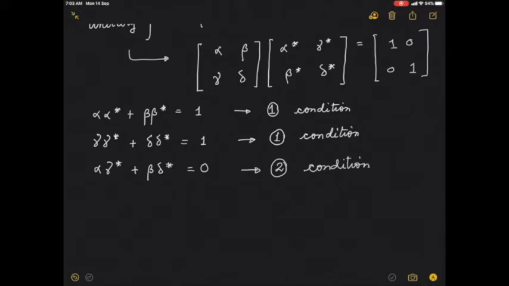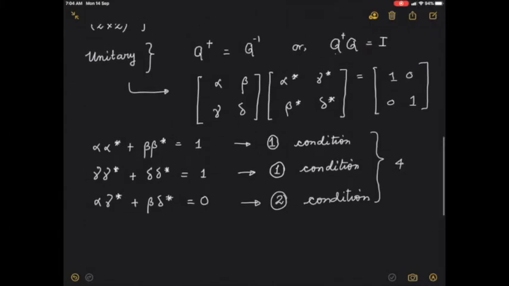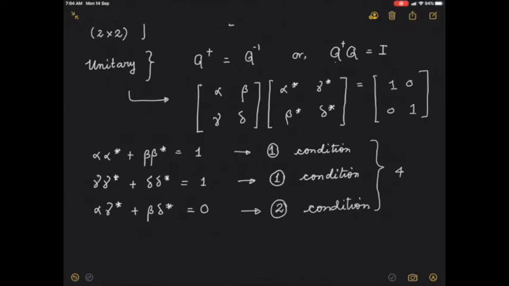If I look at the other off diagonal element, it will turn out to be just the conjugate of this, so that doesn't give me anything extra. So these together are 4 conditions, but I needed 5, right? So what is the other one?